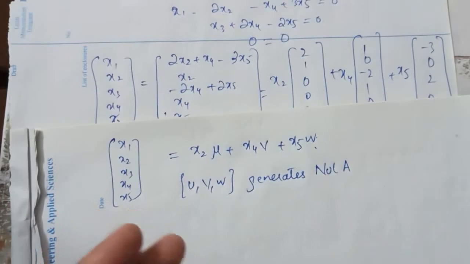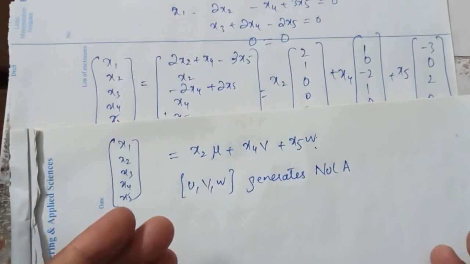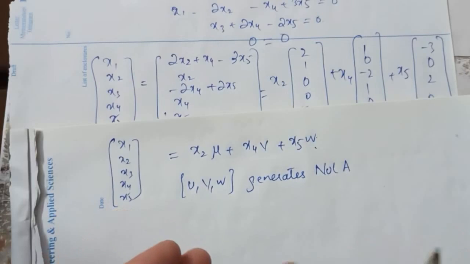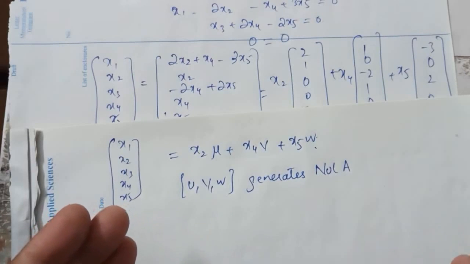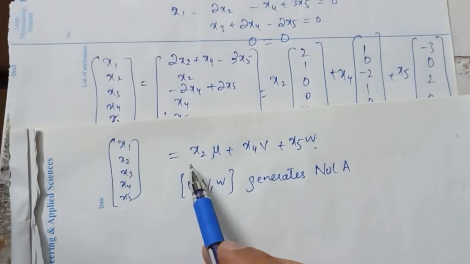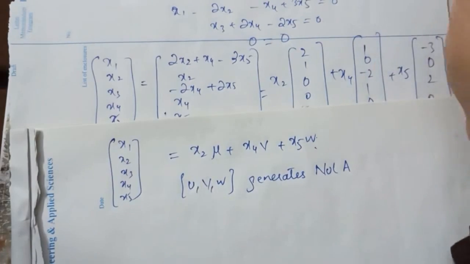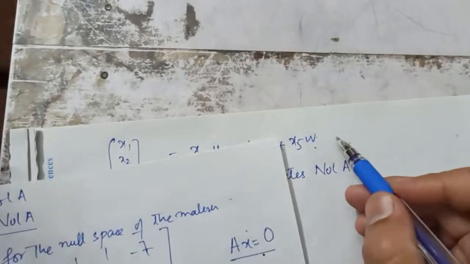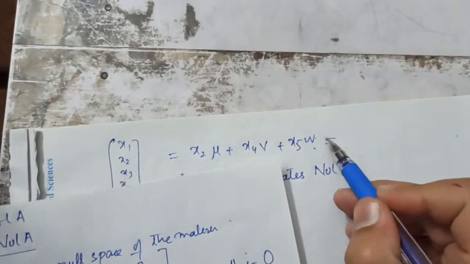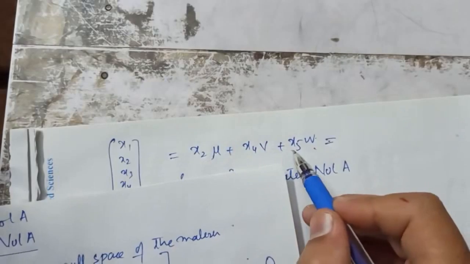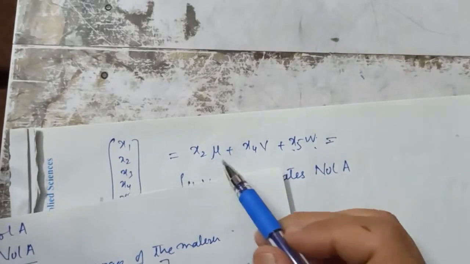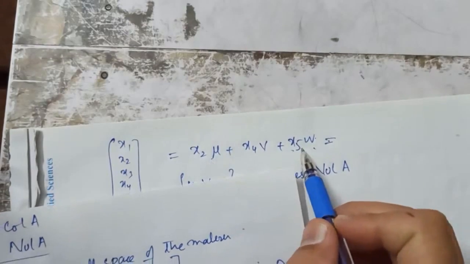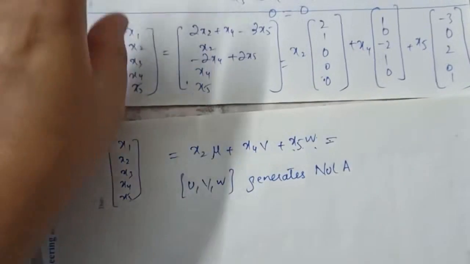Any linear combination that has a non-trivial solution means the vectors are not linearly independent. Here, because we are solving for Ax equals 0, the only time that becomes 0 is when x2, x4 and x5 are zeros, right? So in this case u, v and w are linearly independent.